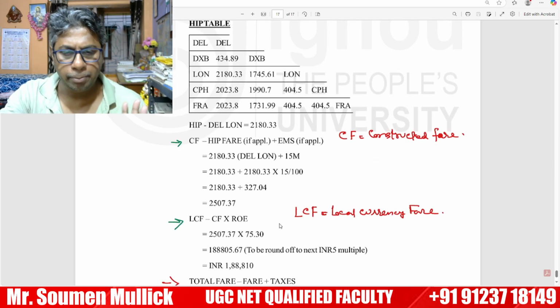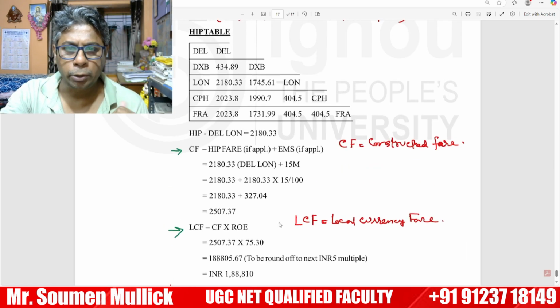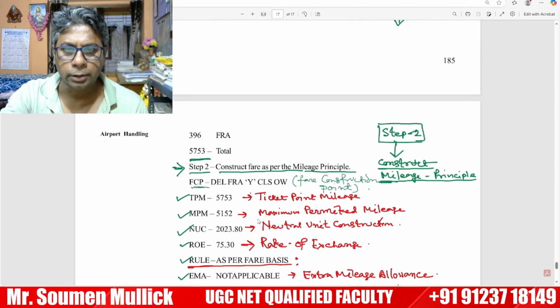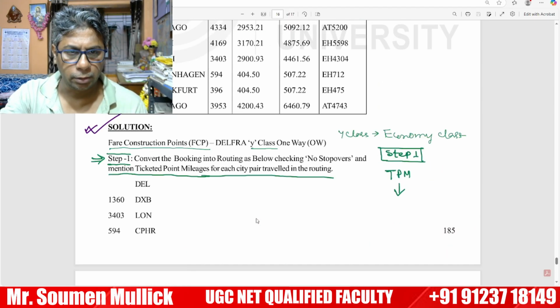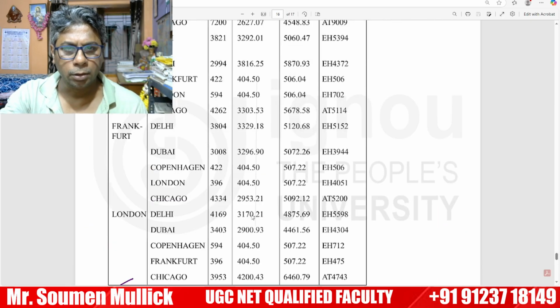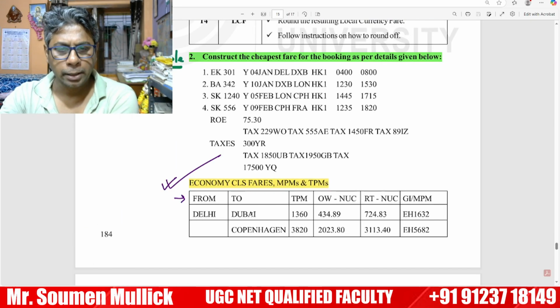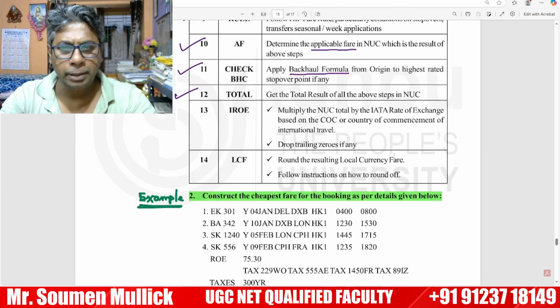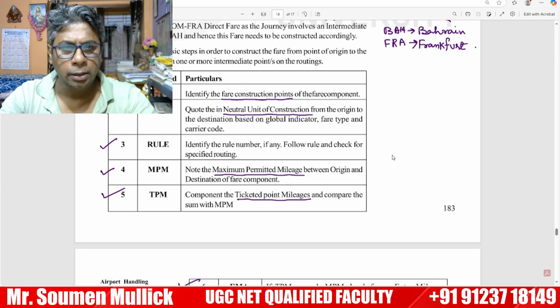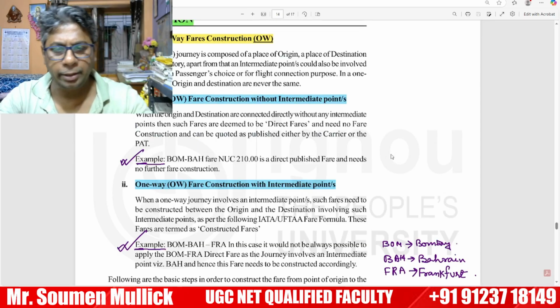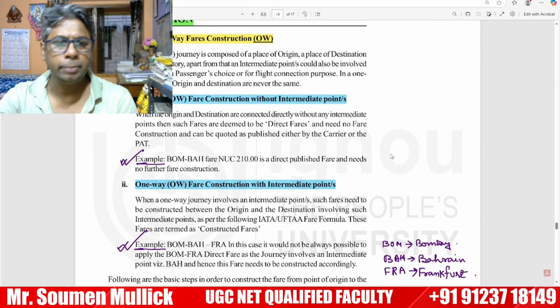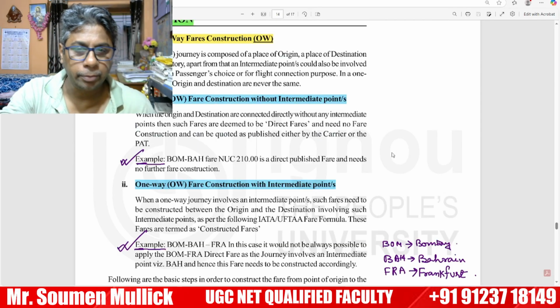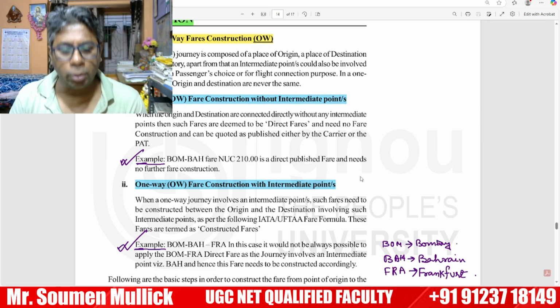So these are the important steps for the calculation of the fare construction point, or our calculation of the cheapest fare for the booking as per the details given below. We have got this one-way fare construction with intermediate point. So these are the important steps.